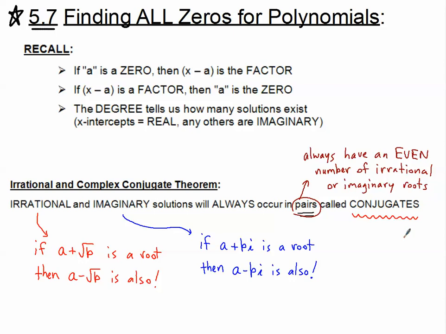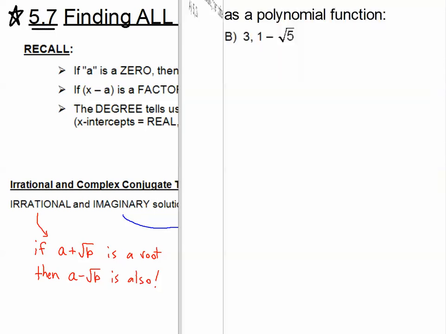It doesn't make sense to talk about a polynomial that has three imaginary solutions because that cannot happen. They will always occur as pairs, so there will always be an even number of them. Sometimes that number is 0. Okay, now that we know that, let's start writing our equations.